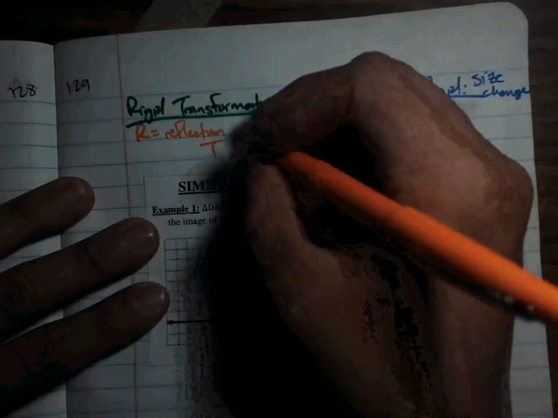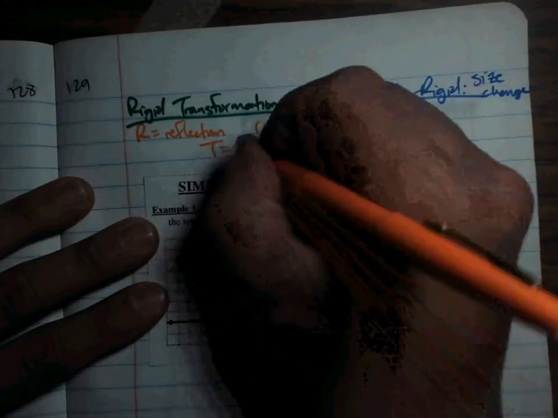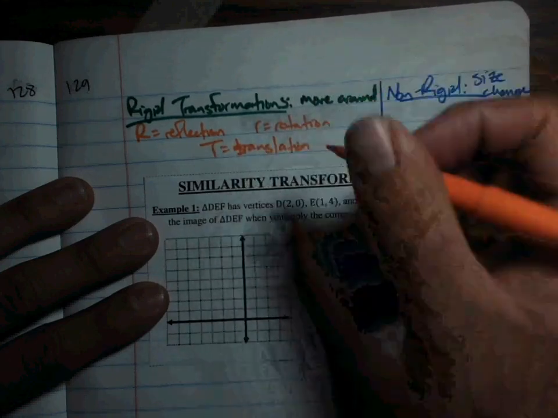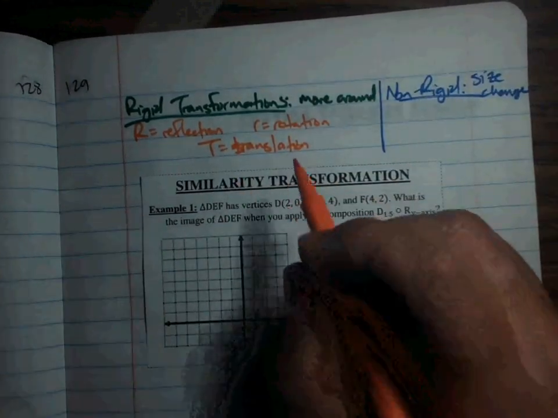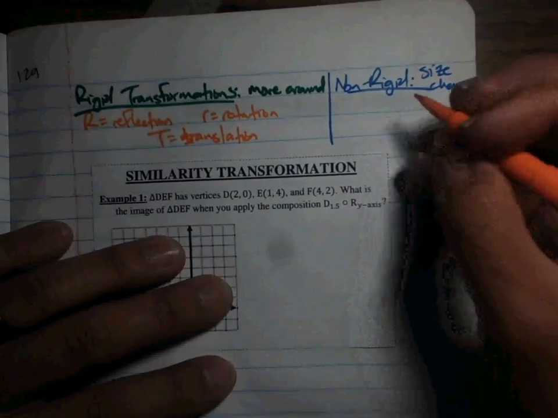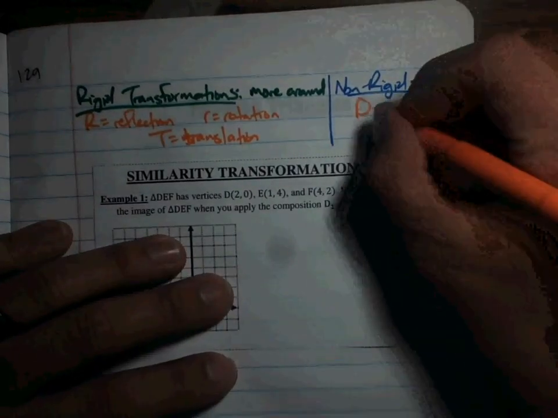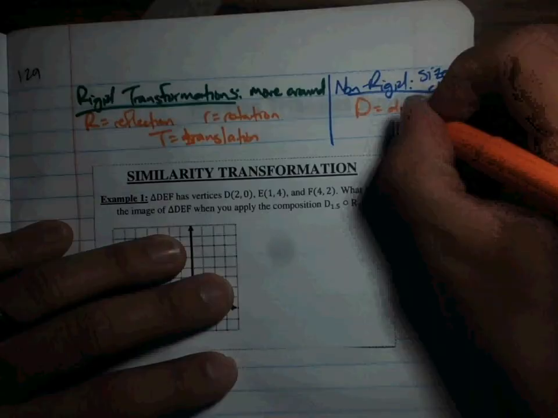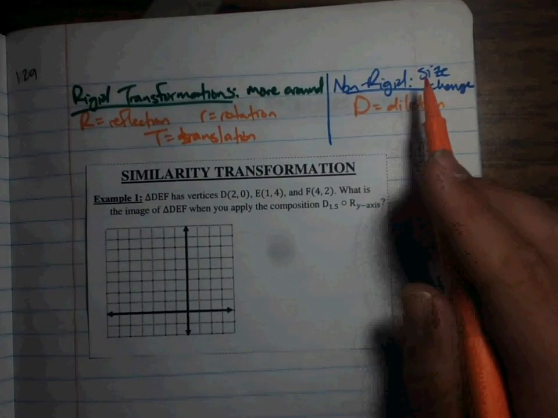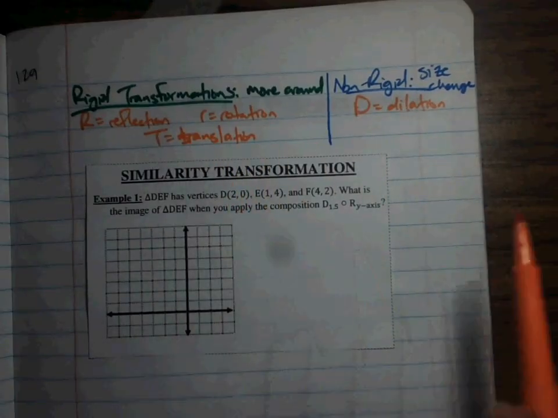And then a capital T is our translation. As for our non-rigid motion, this one is more in depth. This one is our dilation, the grow or shrink, which is why this one is the only one that has a size change. That's the comparison between those two.